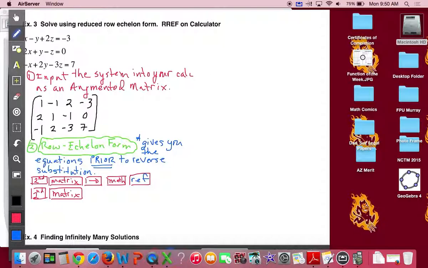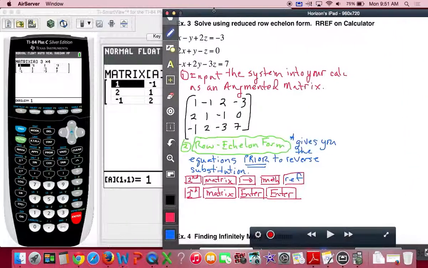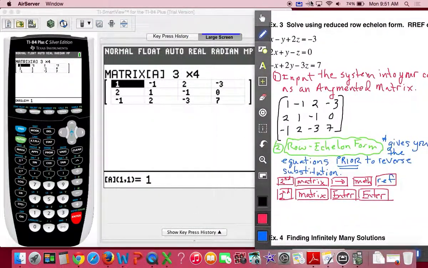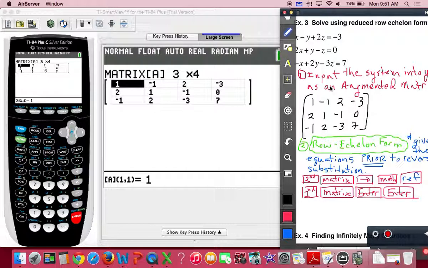And this is all from the main screen, by the way. And then you're going to hit enter. And you're going to hit enter again. So there's your instructions for the calculator. You're going to hit enter twice.